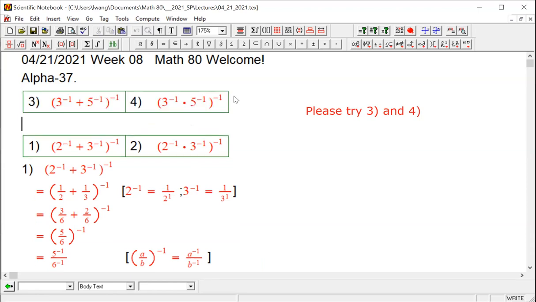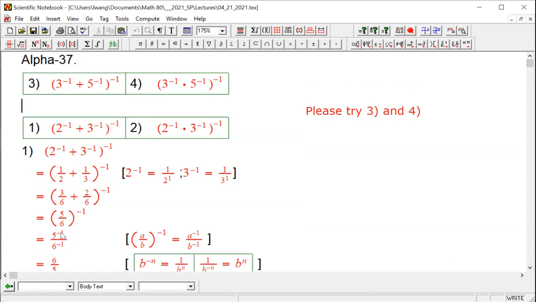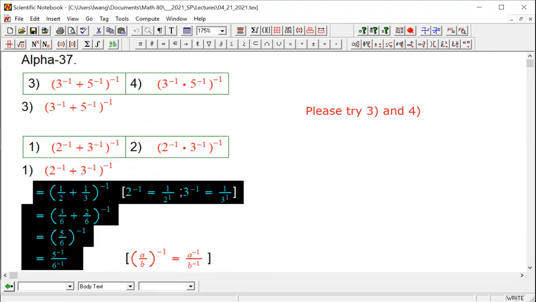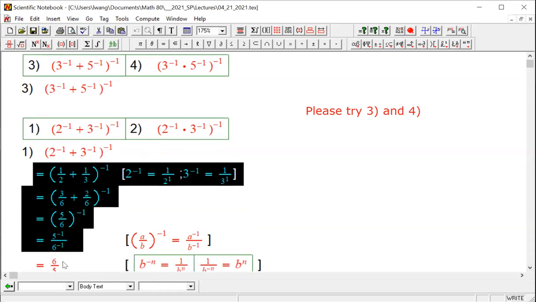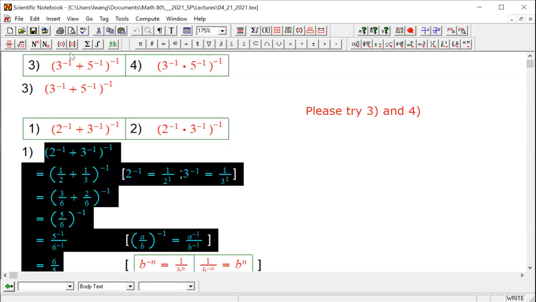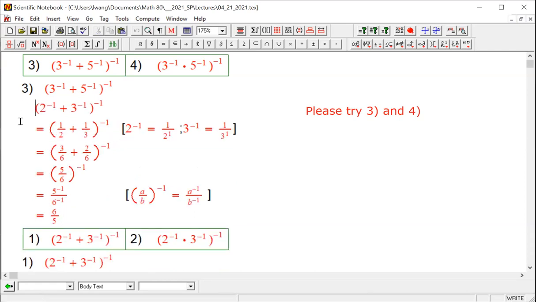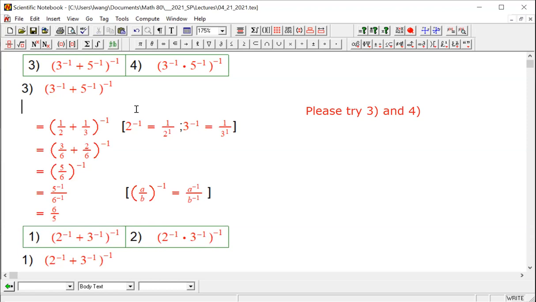Okay, so how can that be done? Well, it's going to be very similar. So number 3, we're going to work the steps. I assume you guys have finished, right? All of these steps we've done earlier. There are some similar steps over there.